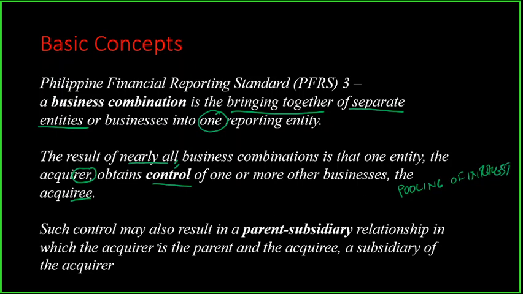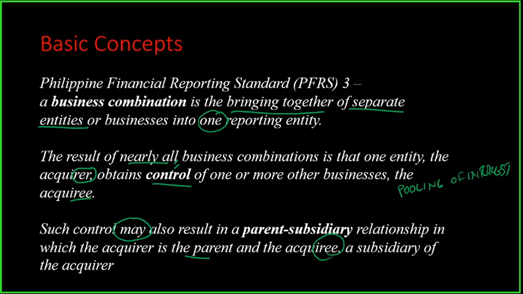Also under PFRS number 3, such control may also result in a parent-subsidiary relationship, in which the acquirer is the parent and the acquiree is a subsidiary of the acquirer. Now, it says it may. When it says it may, it also means it may not.